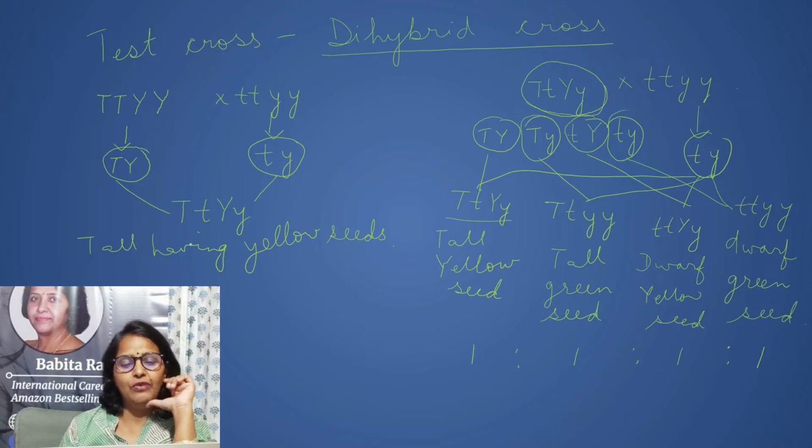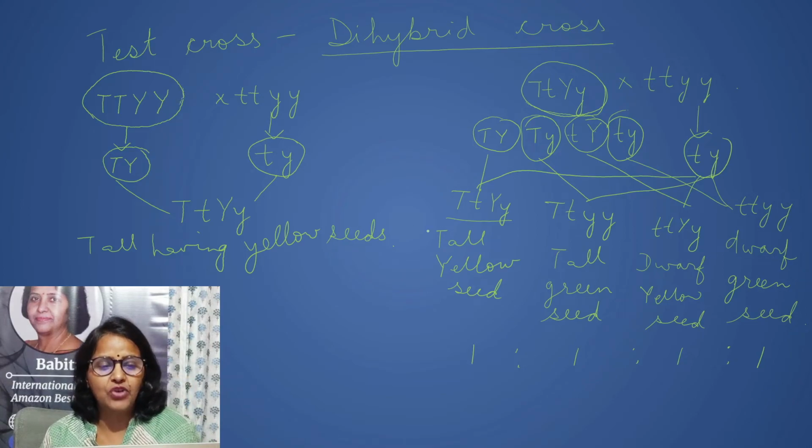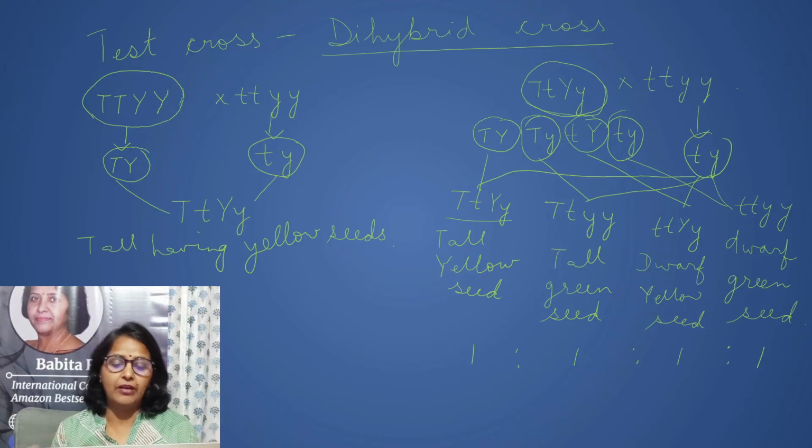Whereas if we get only one type of plant, that means the plant that we had taken was of homozygous gene having dominant trait. So this is how we can test what kind of genetic makeup was present in the plant without doing the experiments for this. Morphologically, we can see the results and find out what might have been the genetic makeup of the plant that we had taken into consideration.